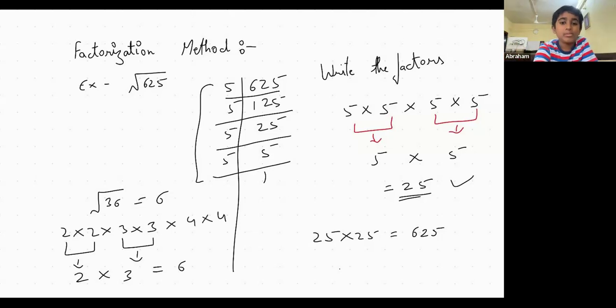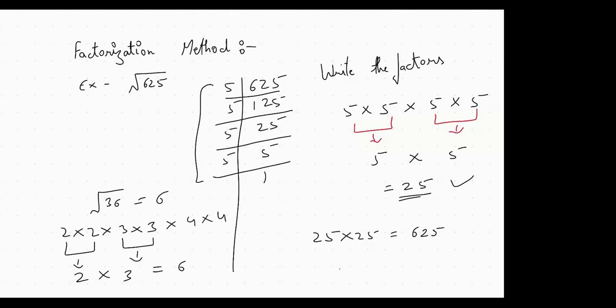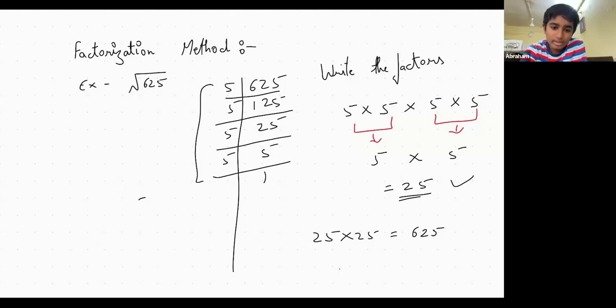Then you will take out one common number from this one also, and then multiply them. Then you take out common from this one also, and multiply that too. Okay, shall we move forward now? Yes, ma'am. Thank you.